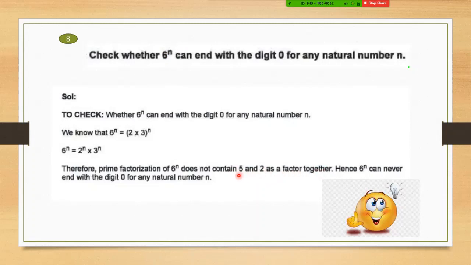If only 2 is there, the answer is no. If only 5 is there, also not possible. Always see that both 2 and 5 are factors together of the given number.